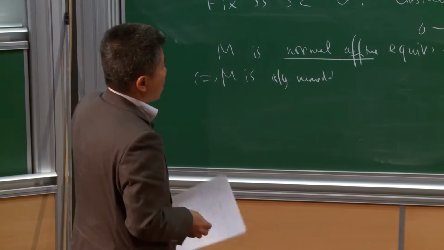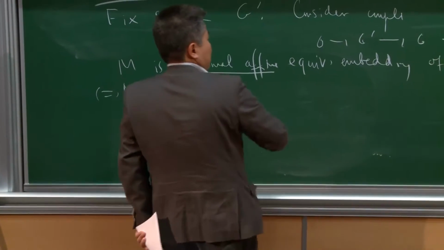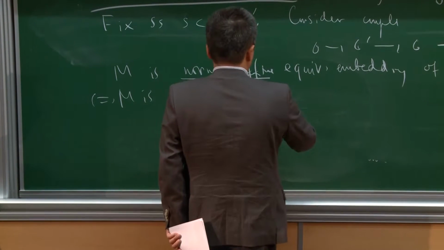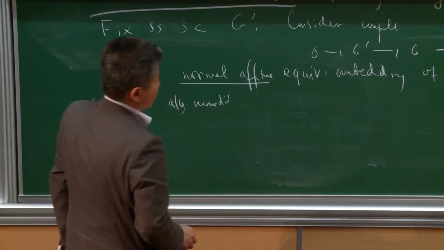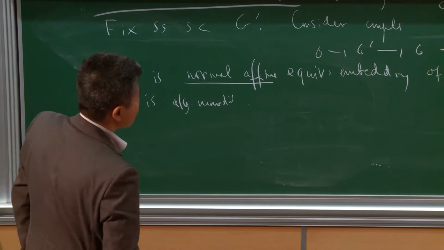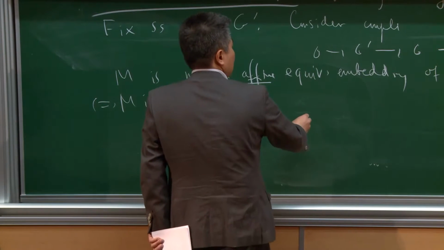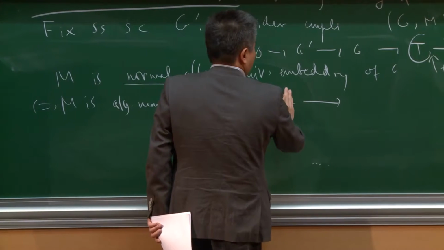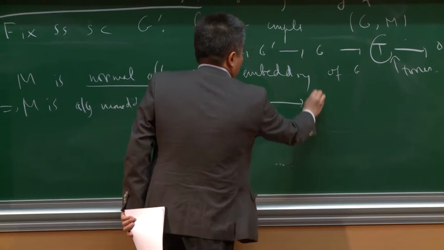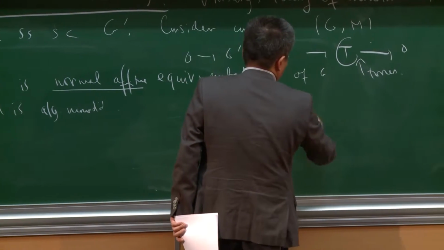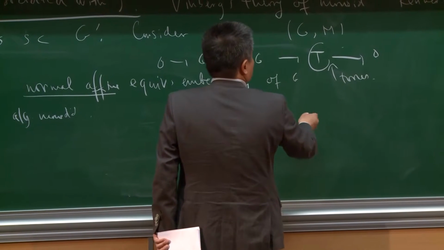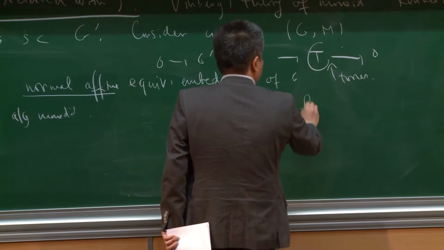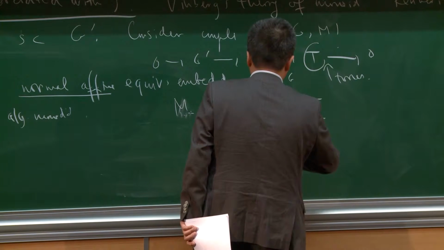So there is something technical but important, what Vinberg called the abelianization. So we look at this map from M to A. Let K be some base field.